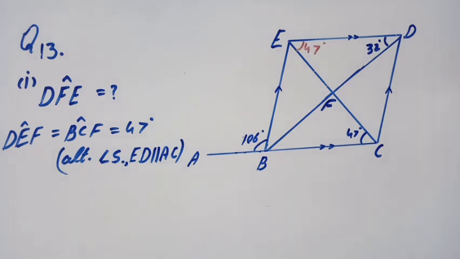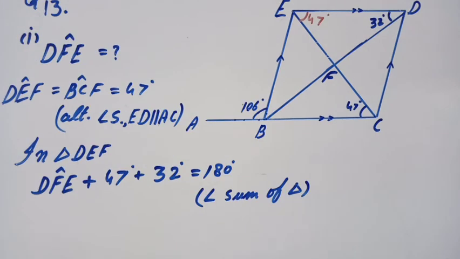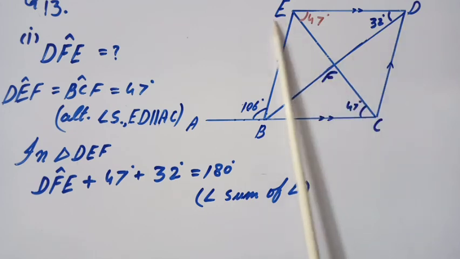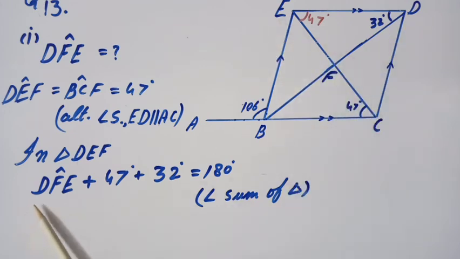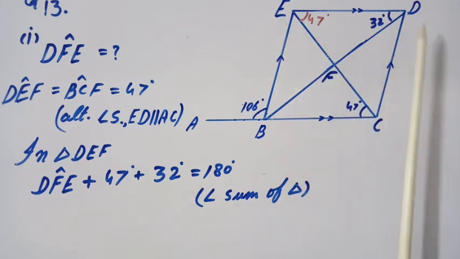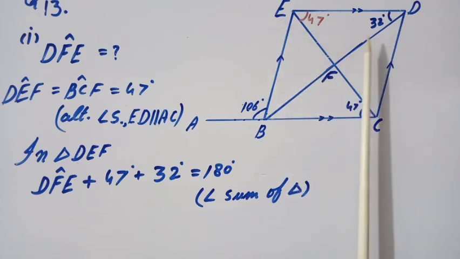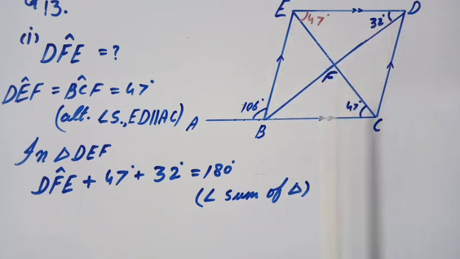Now we consider the triangle DEF. In this triangle DEF, DFE plus 47 plus 32 is equal to 180, because sum of all the internal angles of a triangle is equal to 180.